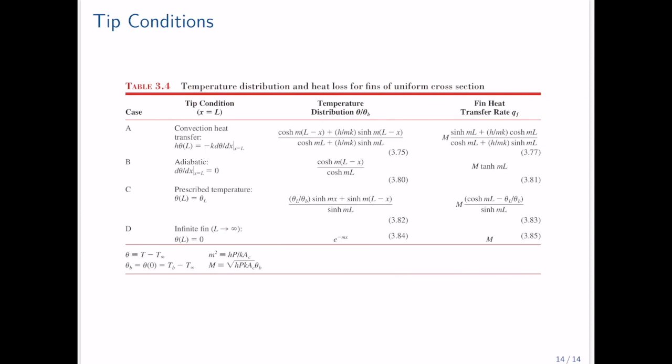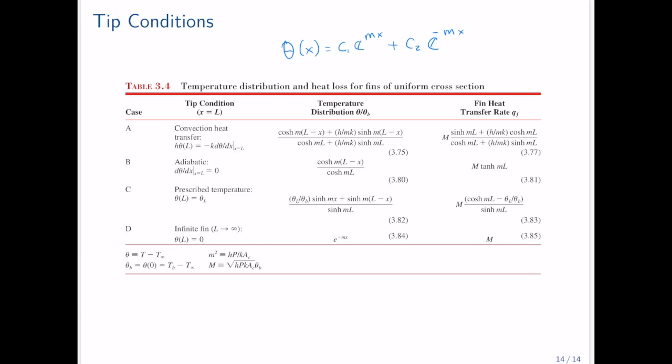So remember the differential equation that we have, let me write it here. We have that theta of x equal to C1 multiplied by e to the mx plus C2 e to the minus mx. So that's the differential equation that we are solving.